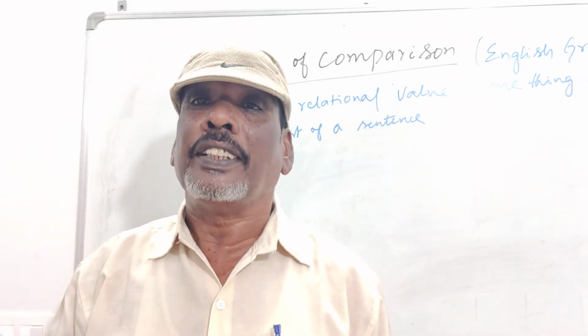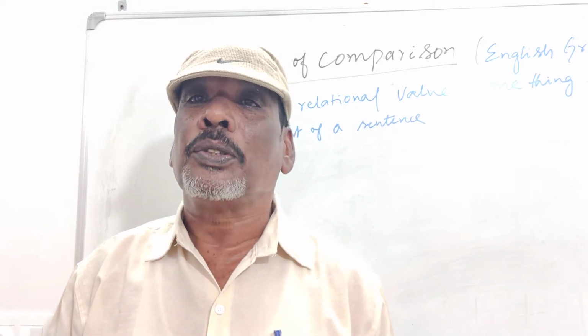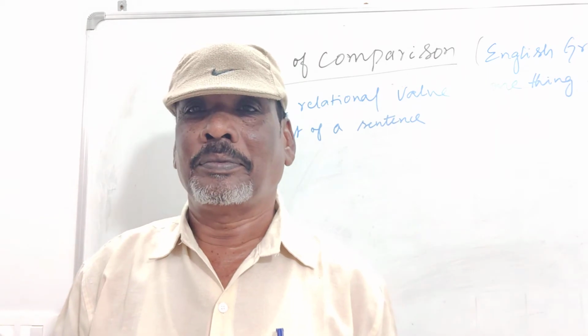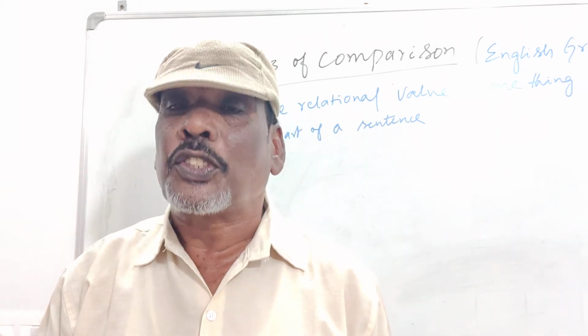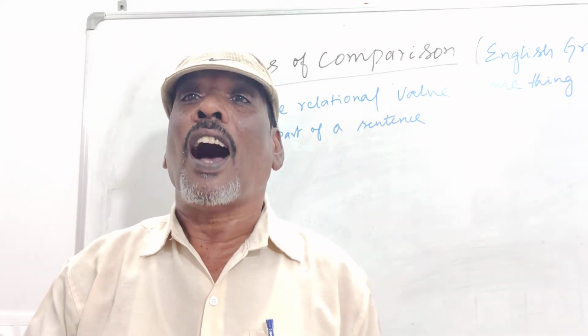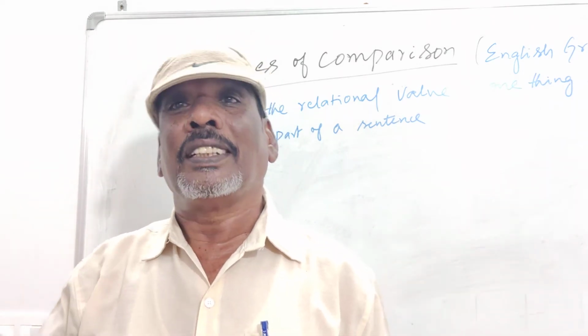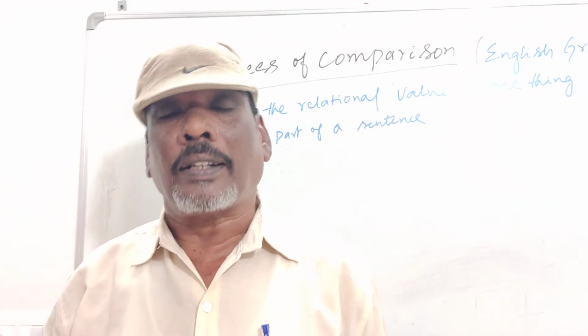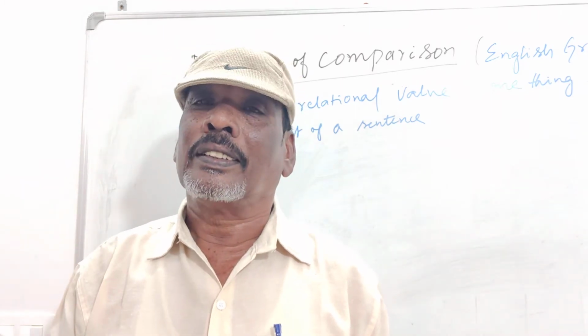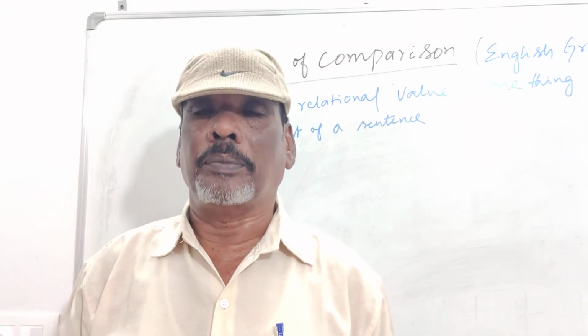We should use degrees, which tells you whether it is lesser or greater, which tells you the relational value of one thing with another in other part of the sentence. That is the degrees of comparison.